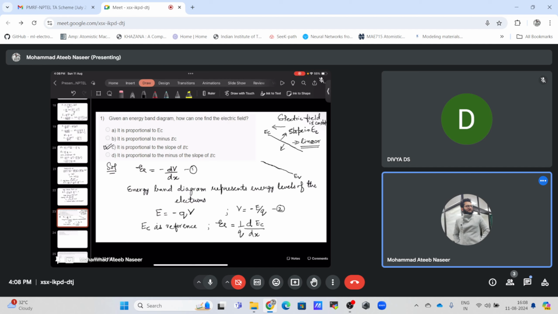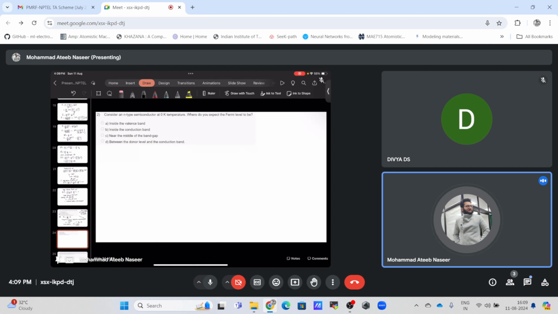So this is about this energy band diagram: the spatial derivative of this conduction band edge can help us to find the electric field, and the electric field is simply given by the derivative of this conduction band edge or the valence band edge. It is simply the spatial derivative of the energy.